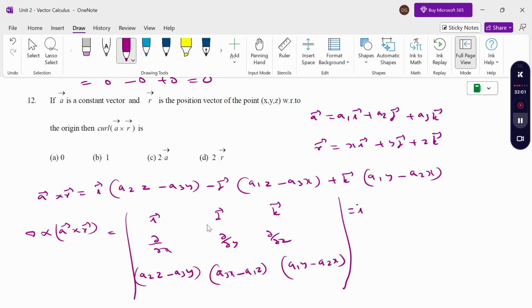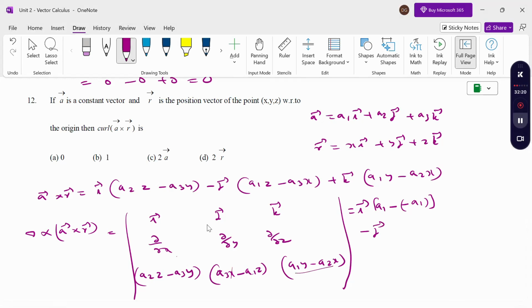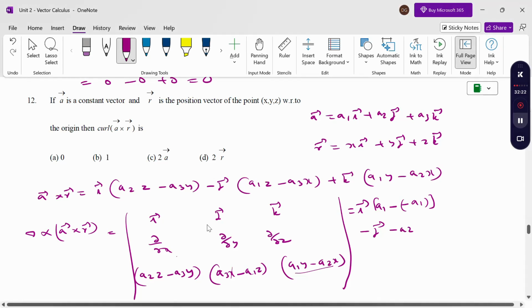Now i vector, leave this column and row: dou by dou y of the term a1 minus dou by dou z of minus a1, minus j vector. Now leave the column and row: dou by dou x of the term minus a2 and then dou by dou z of the term minus a2, plus k vector, dou by dou x of a3, dou by dou y of minus a3.